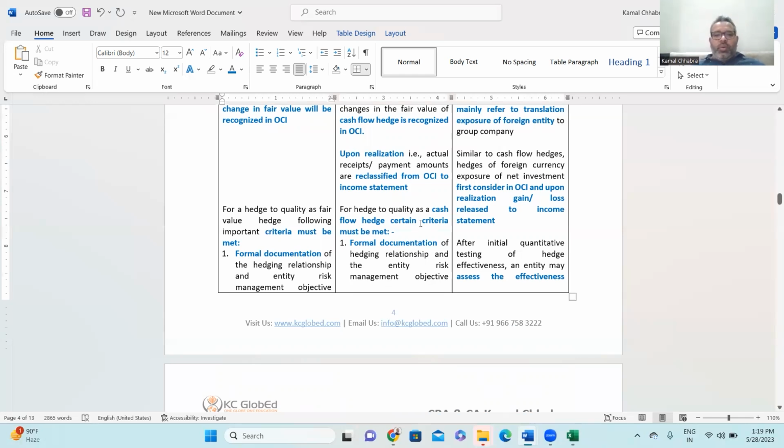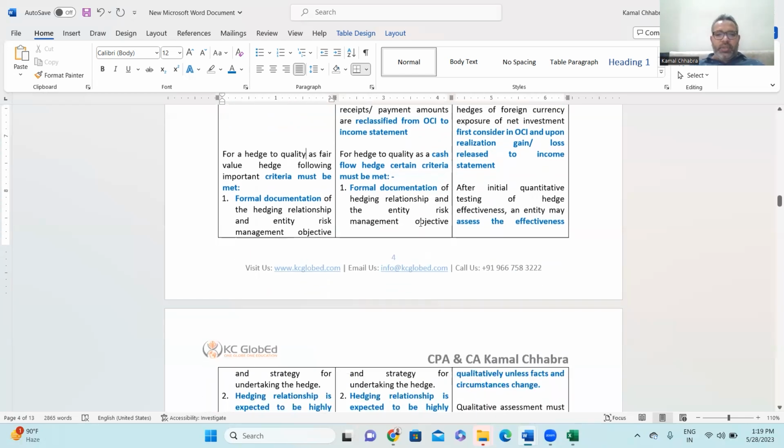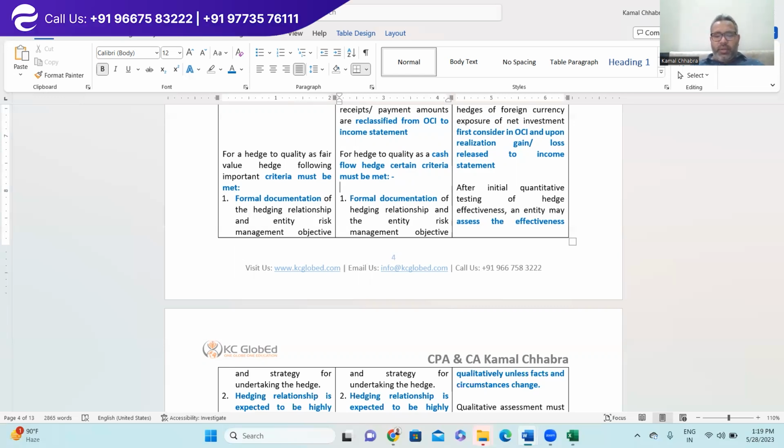To qualify as a cash flow hedge, certain criteria must be met. First one is the same, documentation, right? Again, for any hedge transaction to be qualified either as a cash flow hedge, fair value hedge, or currency hedge, the first and foremost important thing is proper formal documentation.